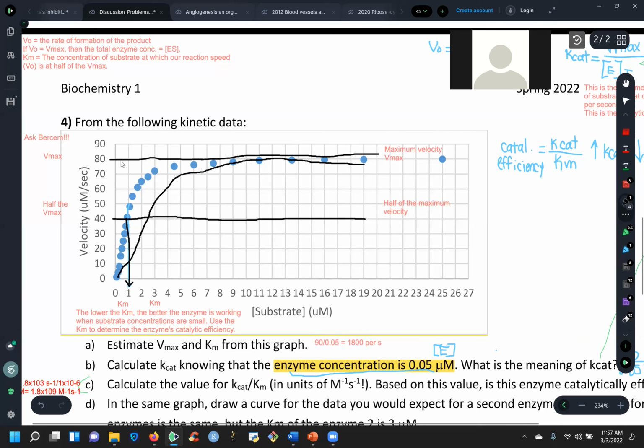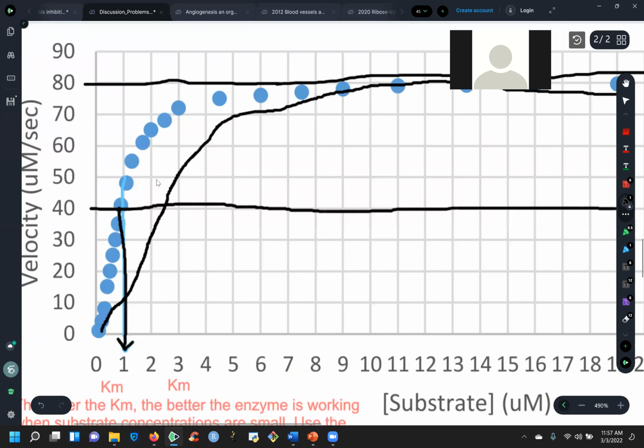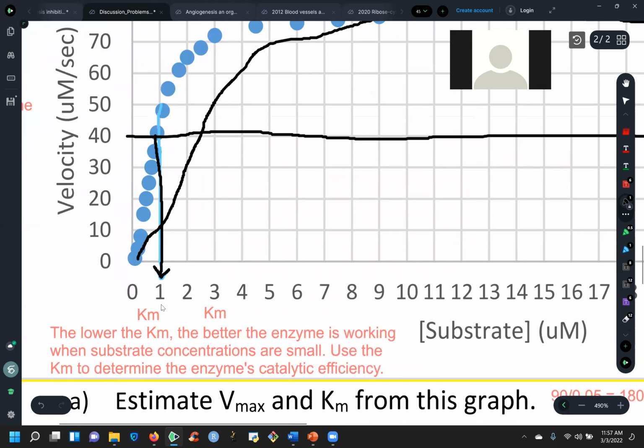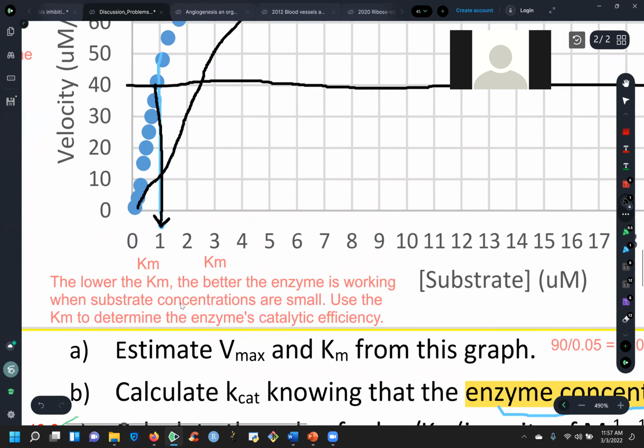What's half of the maximum velocity? 40 micromolar per second. You draw your line, and wherever the line that they gave you, that blue one, intersects with that half, that 50% line, which is 40, you just go straight down, and that is your Km. That is your Michaelis-Menten constant.